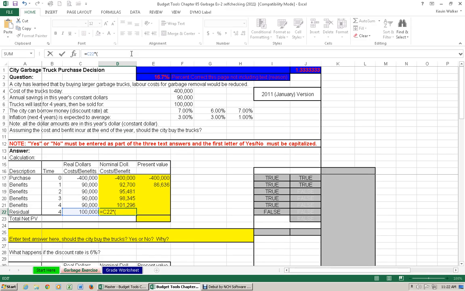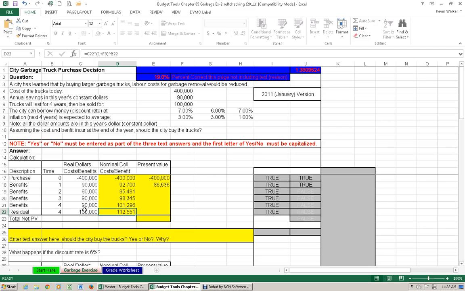Times 1 plus F8, brackets, raise the power of C22. Oh, whoops. There we go. I don't know why it didn't look like it. It's the same formula I put in. All right. Anyway, there we go. That is the correct formula.